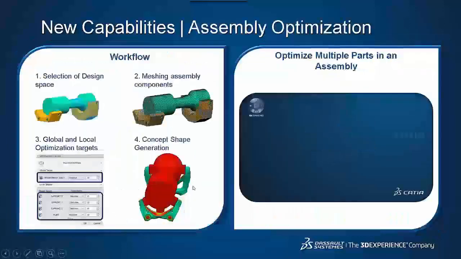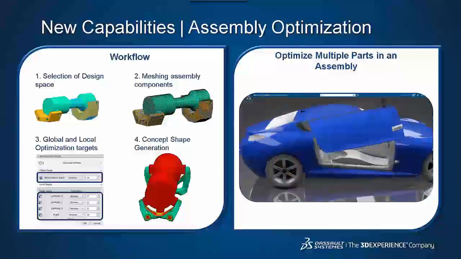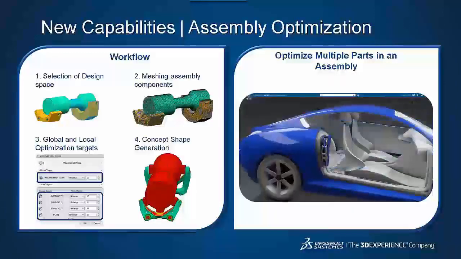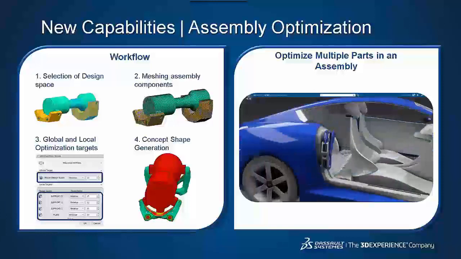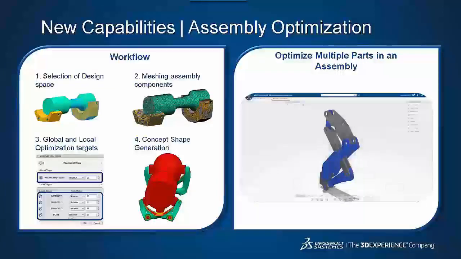Okay, so another new functionality for generative design in 2018X is the ability to optimize multiple components at once in an assembly. Since the optimization of just a single part can end up just shifting the loads around between different components in an assembly, we really need that ability to optimize multiple parts simultaneously to make sure that the entire assembly performs as optimally as possible.